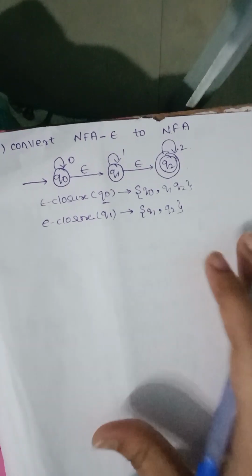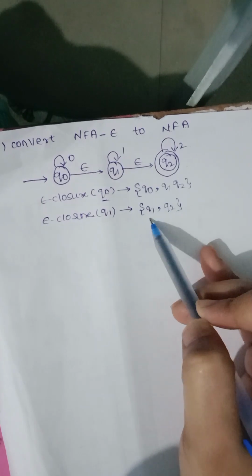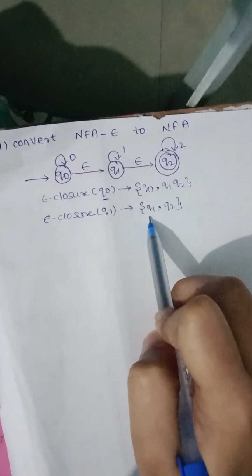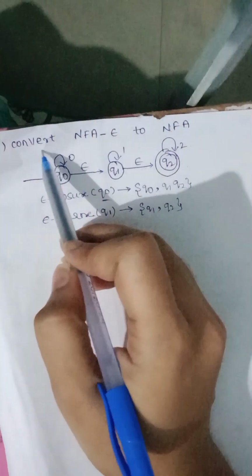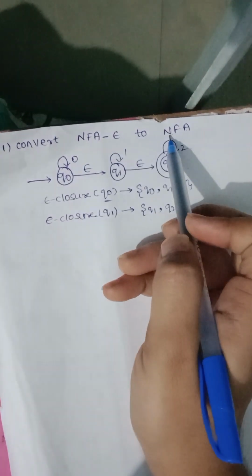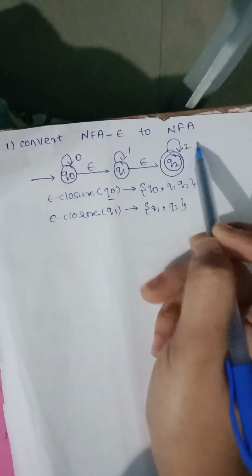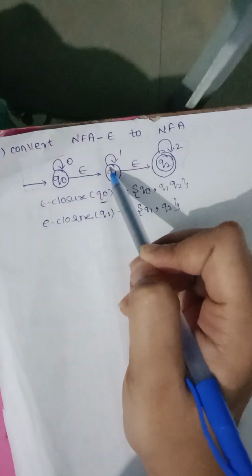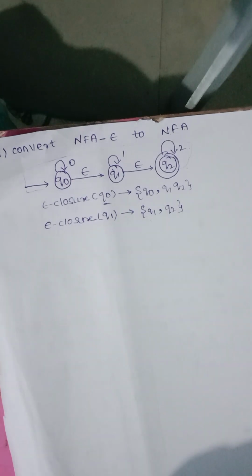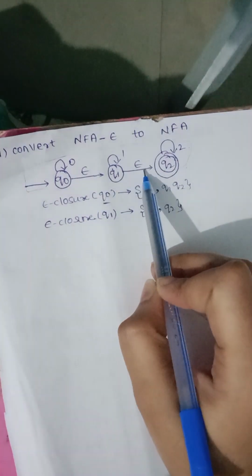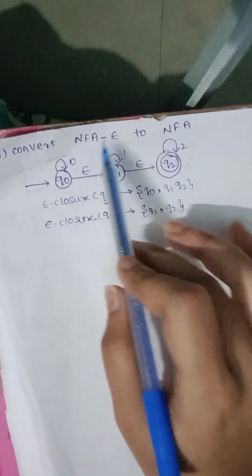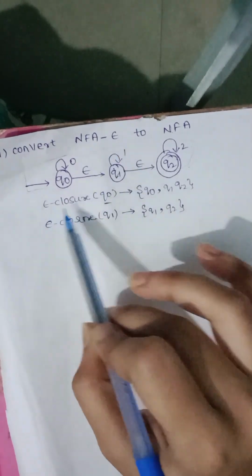Today's video discusses one further example, one problem: convert the given NFA with epsilon to an NFA. This is the given diagram, and the first step is to find out whether it has epsilon or not. Yes, it is an NFA with epsilon, and we also find the epsilon closure.